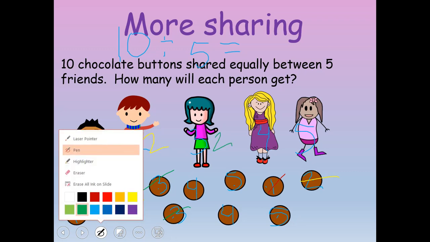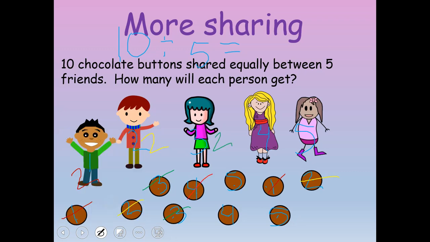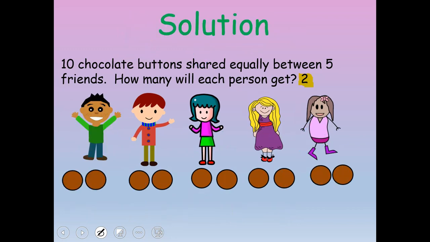Okay, and number 4 gets 1, 2, and that means that number 5, 1, 2, she gets 2. So everyone gets 2, which means that the answer is 2. So I've shared out the chocolate buttons between 5 people, and everyone has gotten the equal amount of 2. Okay, so 10 chocolate buttons shared equally between 5 friends. Each person gets 2 buttons, and they're all very happy with their buttons.